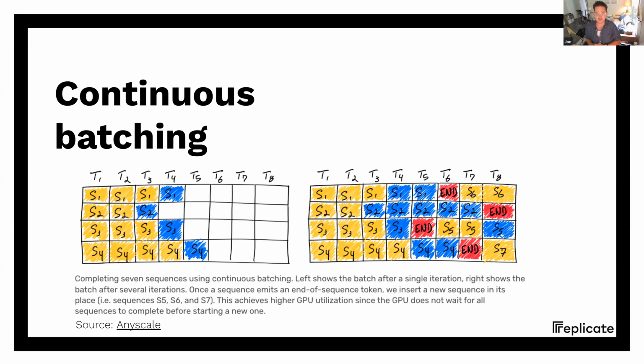Maybe you max out in this particular moment at a batch size of 10, and then one of them completes, and you go down to a batch size of 9, and then 4 complete, you go down to a batch size of 5. Then a bunch more requests come in, and you go up to a batch size of 25. The point is, with continuous batching, you have dynamic batch size, and that has huge implications on the cost of operating your model and the performance that you can provide.